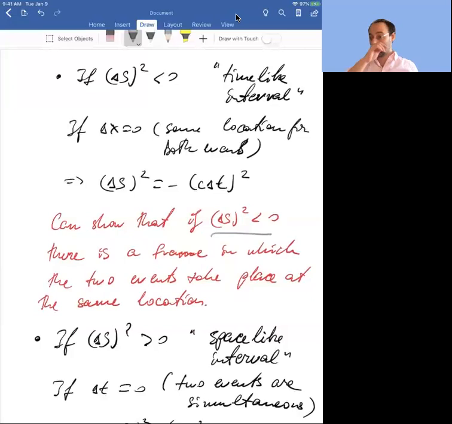So here we have 2 events: you leaving SLO and you arriving in LA. From the perspective of your friend in SLO, the events took place at different times in different places. But because there was plenty of time given the separation, even for Amtrak, you could find a reference frame, the train's reference frame, where those events took place at the same location.